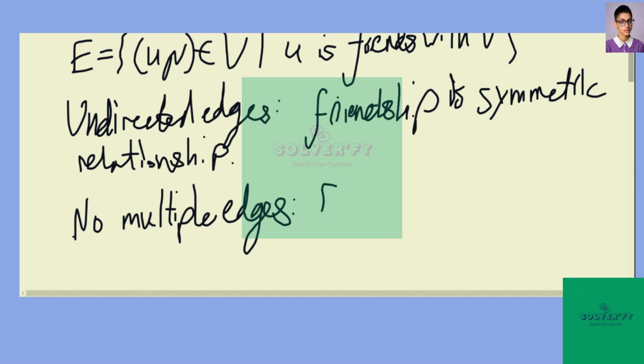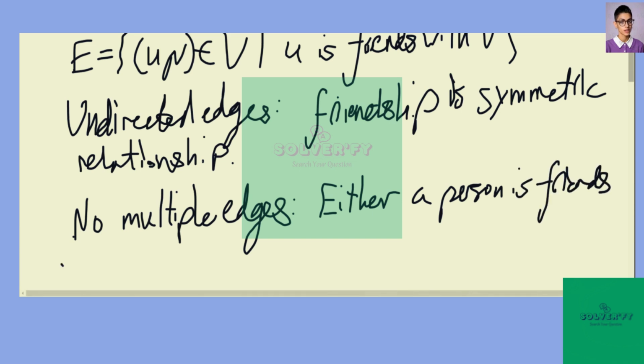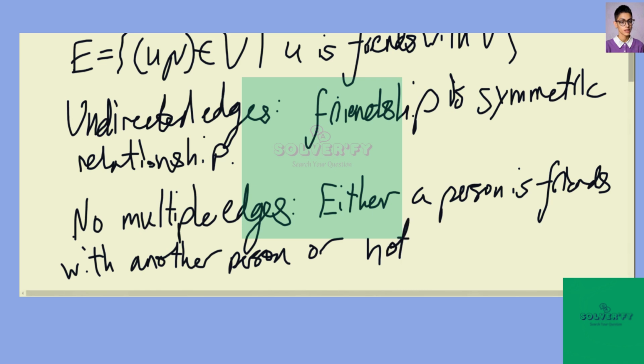Either a person is friends with another person, or they're not friends with that other person. I think this might be a little bit of an oversimplification, but for the purposes of this problem, we're going to make this assumption so that we can apply this theorem.